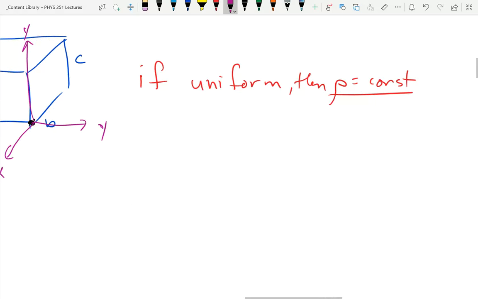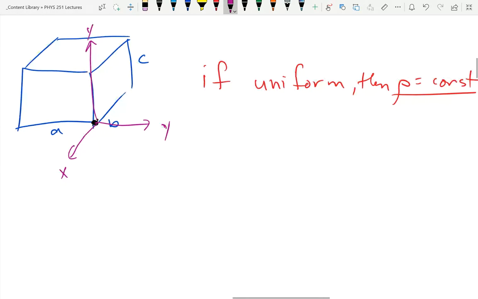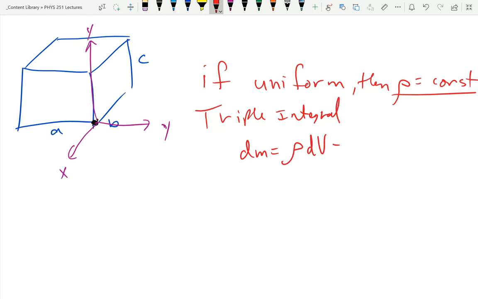So let's say we want to do it the triple integral method. dm equals rho dv equals rho dx dy dz. This is in Cartesian coordinates.